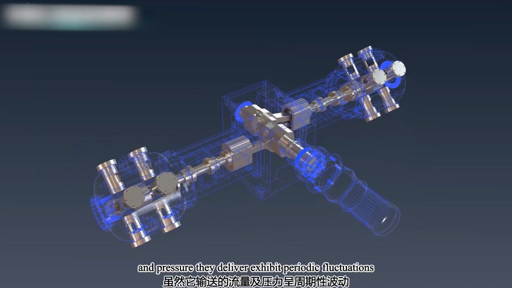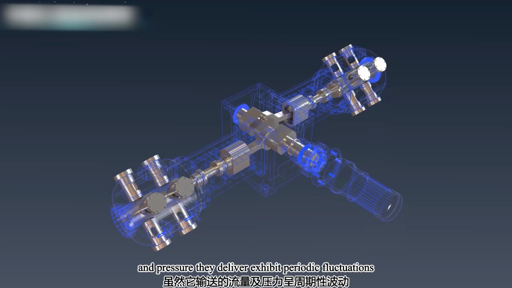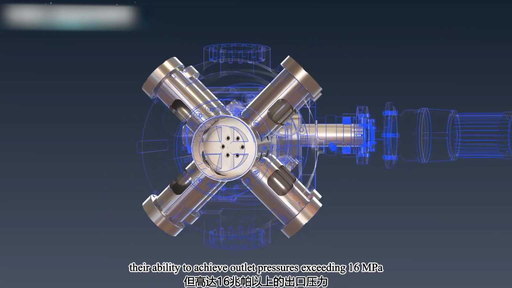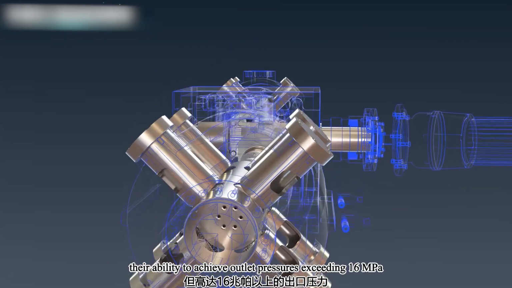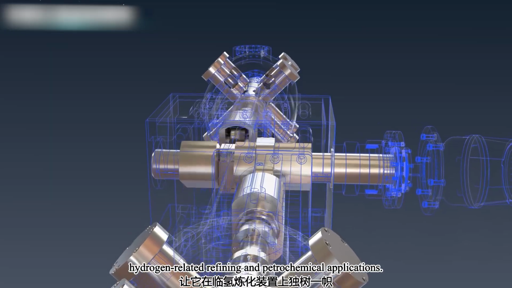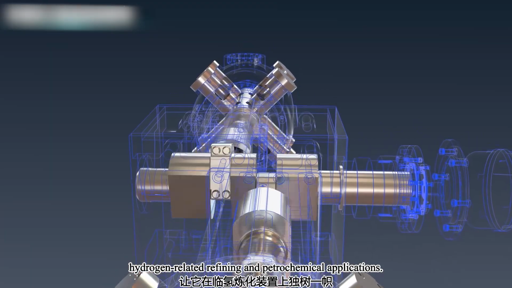Although the flow rate and the pressure they deliver exhibit periodic fluctuations, their ability to achieve outlet pressures exceeding 16 megapascal makes them uniquely suited for hydrogen-related refining and petrochemical applications.